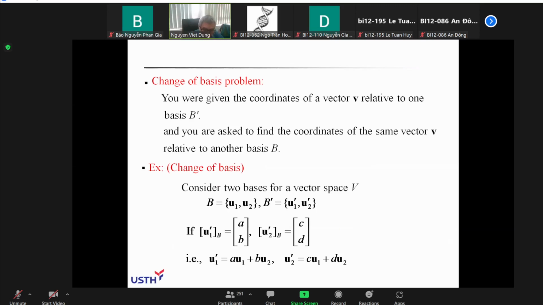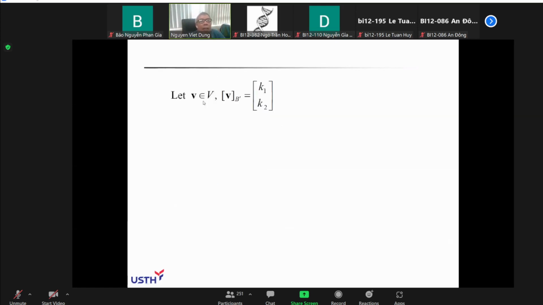Now we already know U1 prime and U2 prime in B. Suppose that we are given V here, and suppose that we already know the coordinates of V relative to the basis B prime. That is K1 and K2. What do you need to do? We need to find the coordinates of V relative to the basis B. How can we do it?